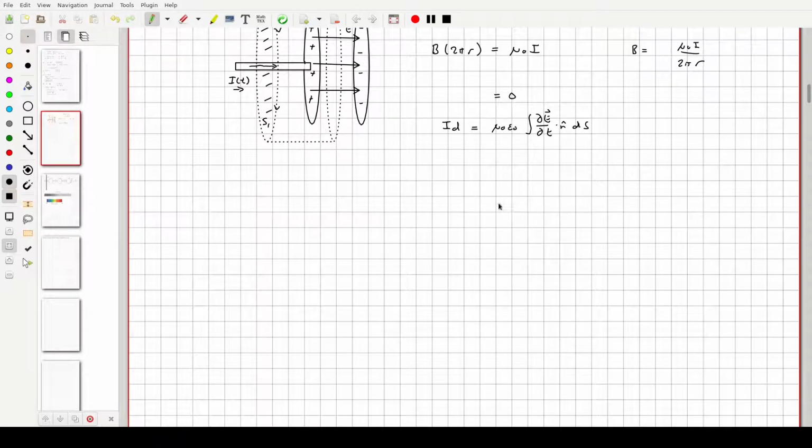And as a consequence, he was able to write down four equations that connected electric fields to magnetic fields. Del dot E is equal to rho over epsilon naught. Del cross E is equal to minus dB dt.